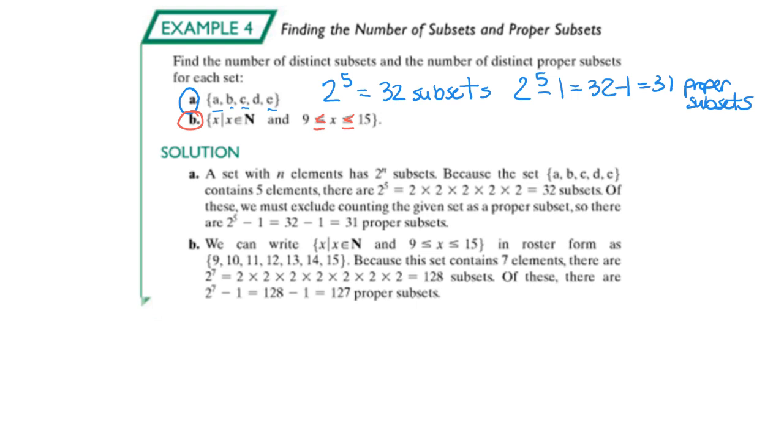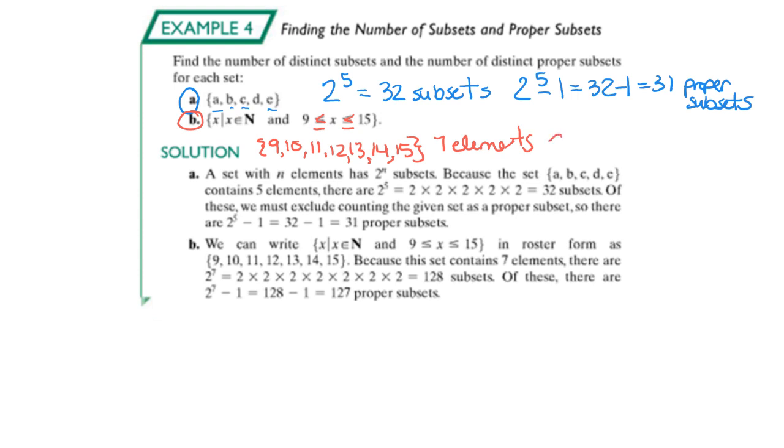So that means we include the 9 and the 15. Let me just write this out real quick. So 9, 10, 11, 12, 13, 14, and we'll include 15 also. If you count this, we have 7 elements. So 7 would be the n, if you will.